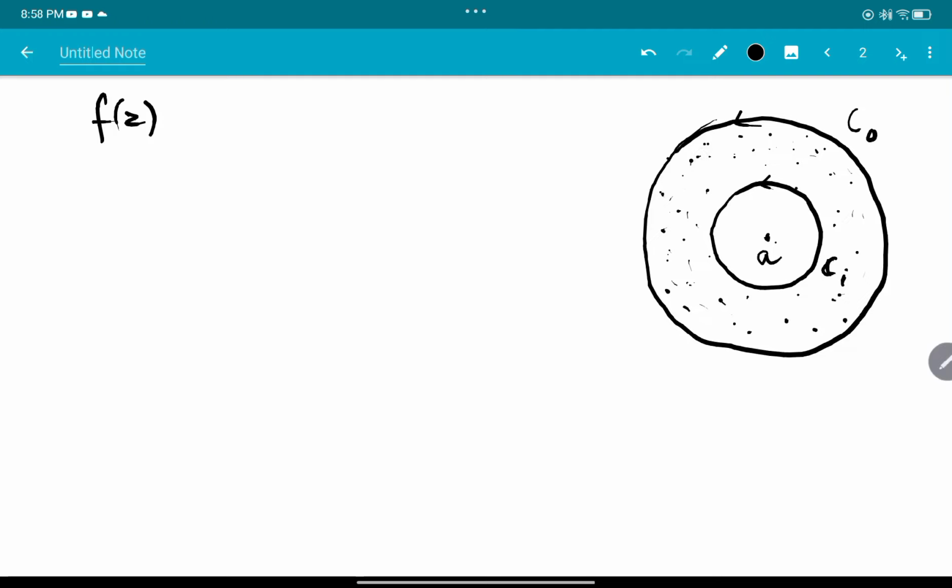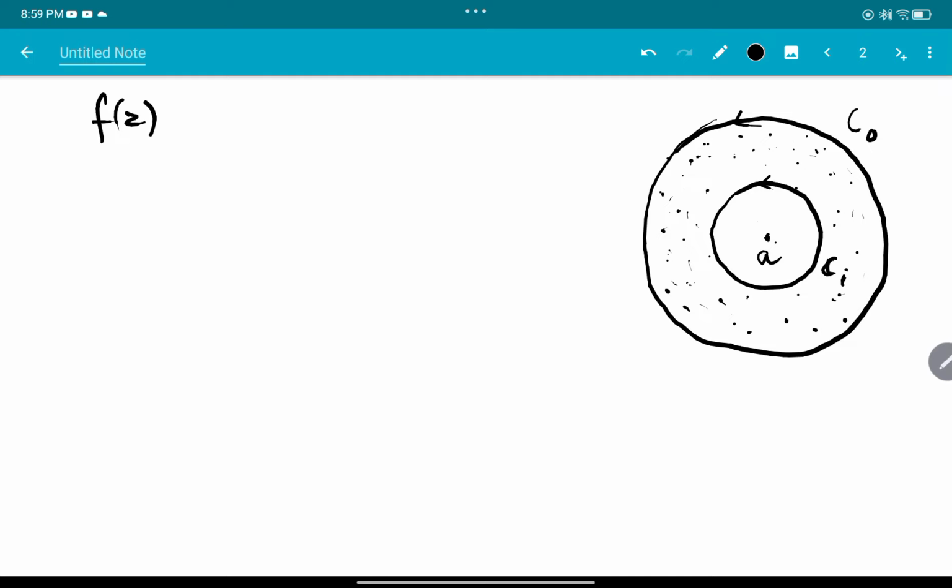It is bounded by two curves, and that is not what is needed. We need a single continuous curve, because if we take these two curves, they will not enclose this region.